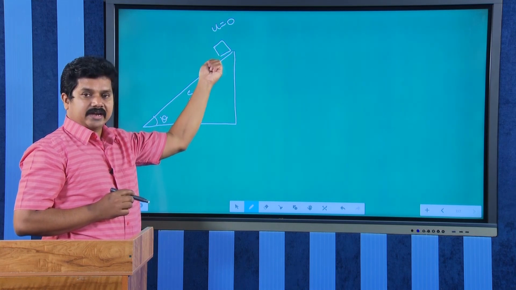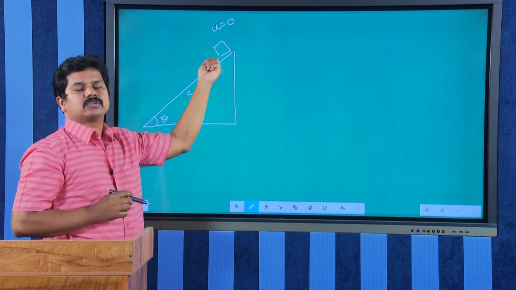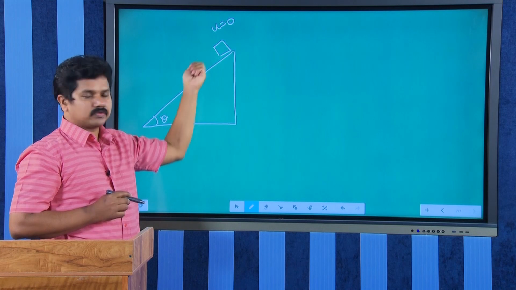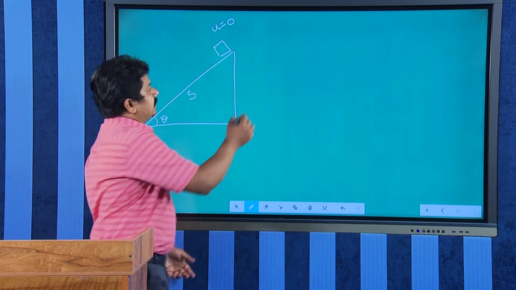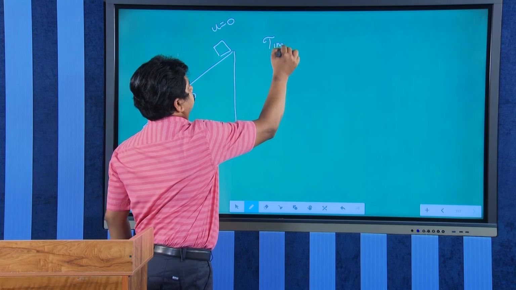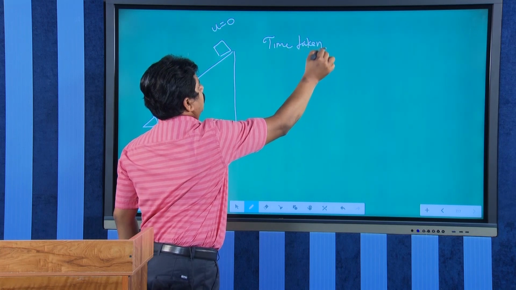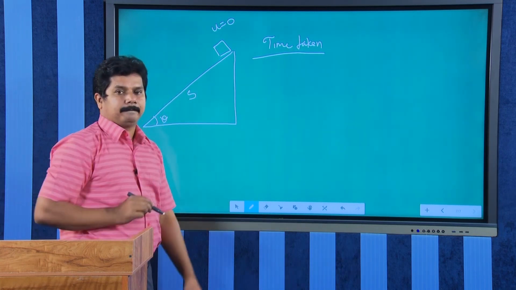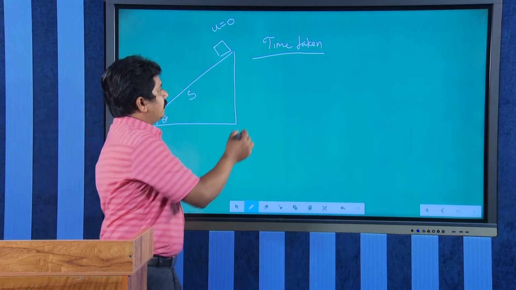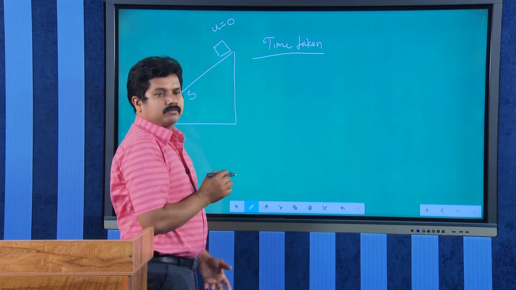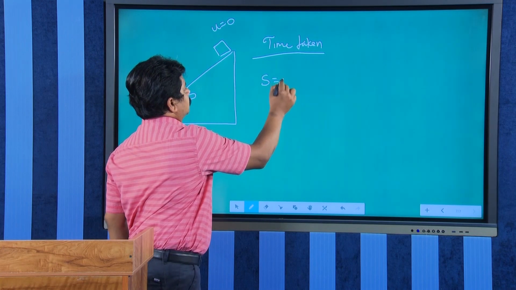So, it will start sliding down, while sliding its velocity will increase, or it moves with an acceleration. So, to find the time taken to reach the bottom, how do we find? We can use the equation of motion, that is S equal to u t plus half a t square.